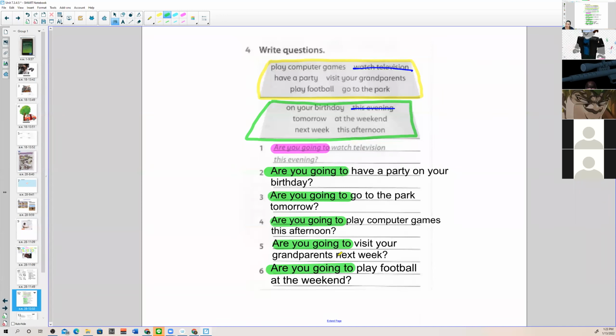And then the word that I have underlined can switch around. Does it make sense?